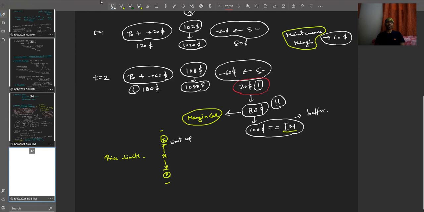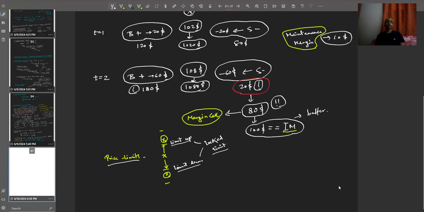This is called limit down. And here also the trading stops. Now this stoppage of the trading is called locked limit. So again we have heard four new terms: price limits, limit up, limit down, and locked limit.